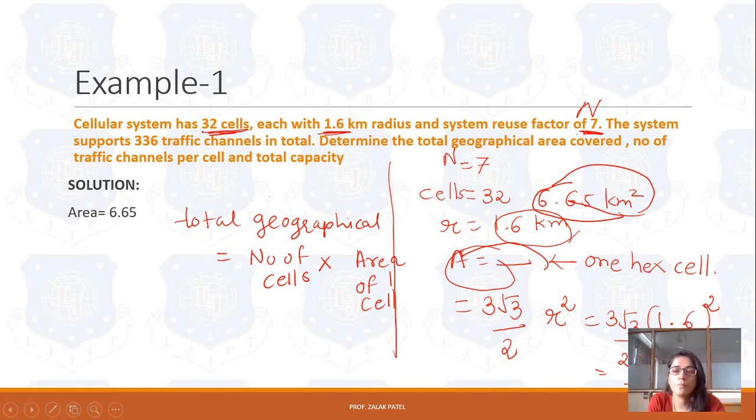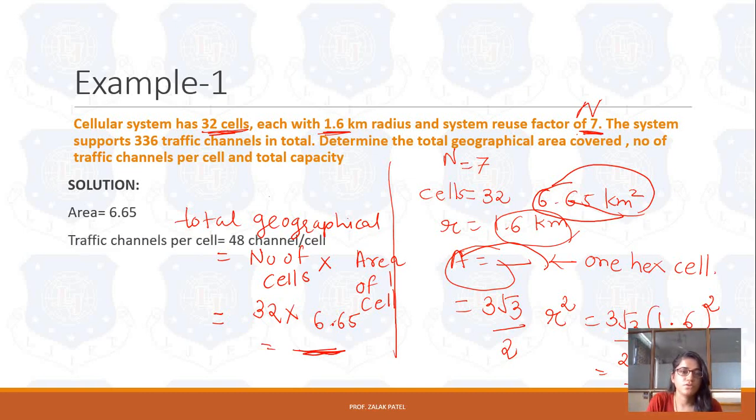So the total geographical area covered is the number of cells, 32, into the area of one cell, 6.65, that is 32 into 6.65.